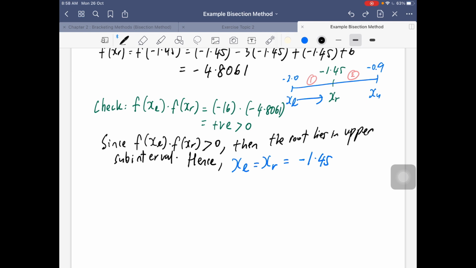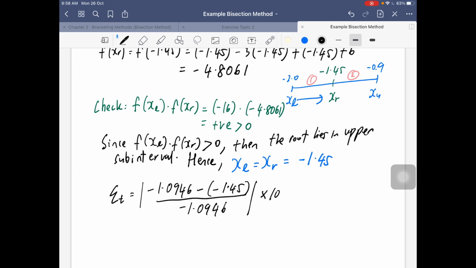Now let's calculate the true percent relative error. Since we are given the true value, we can calculate it. Negative 1.0946 is our true value. Then we minus our first root, negative 1.45, and then divide by negative 1.0946, and then multiply by 100 and put the percentage.